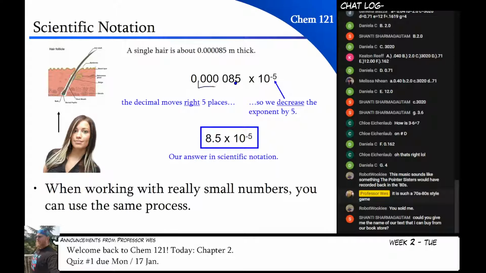So from here to there, we went 5 places. That's where the 5 comes from. So a negative exponent represents a small number that we're moving the decimal point over to make a bigger number. And to counteract that bigness, we have to multiply it by 10 to the minus something.